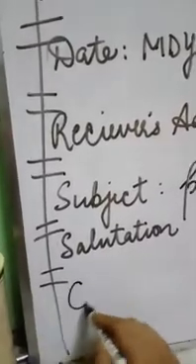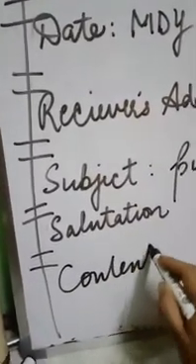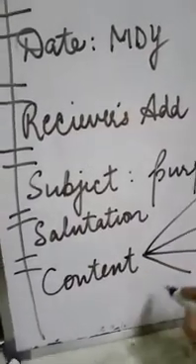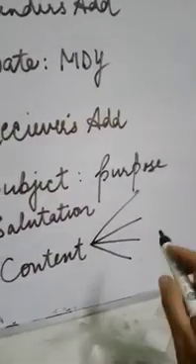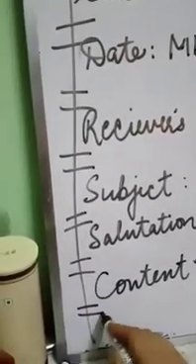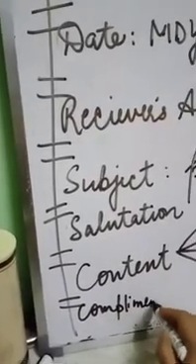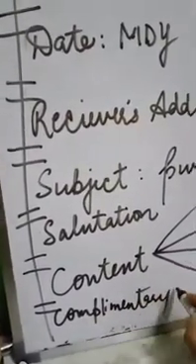After that comes the content. Content is again a bifurcation into 2 to 3 passages. I'll explain a bit later what has to be done. And the last one is the complimentary closure.